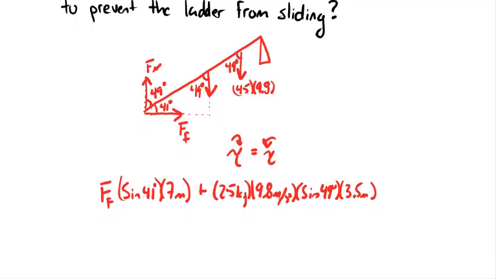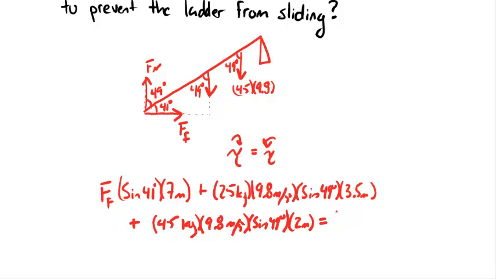I'm just going to put this down here. Plus, I have 45 kilogram person times 9.8 meters per second squared, sine of 49 degrees, and that's 2 meters from the wall of the pivot, and all that is equal to 70 kilograms times 9.8 times sine of 49 degrees times 7 meters.